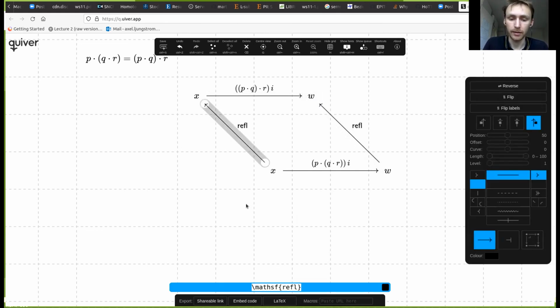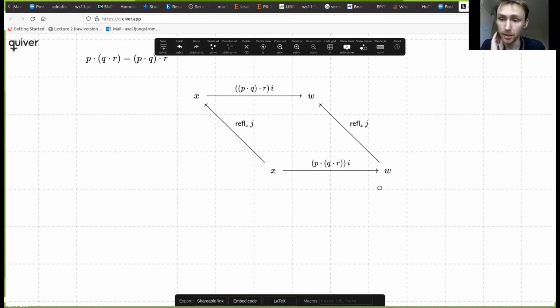I should really write REFL at X. This is the cube that we want to fill. This is going to show the identity. Okay, so what do we have here? We have an annoying massive path composition.